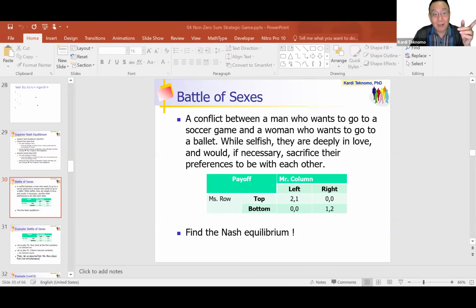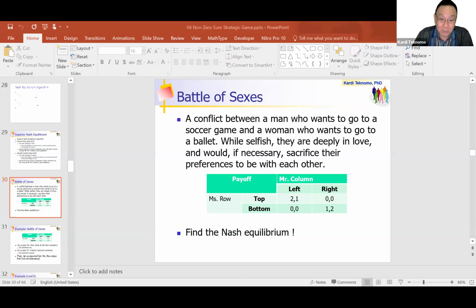This is a story first. There is a conflict between a man who wants to go to a soccer game and a woman who wants to go to a ballet. While they are selfish, they are also deeply in love and would, if necessary, sacrifice their preference to be with each other.